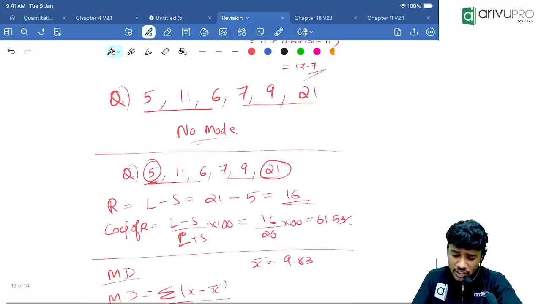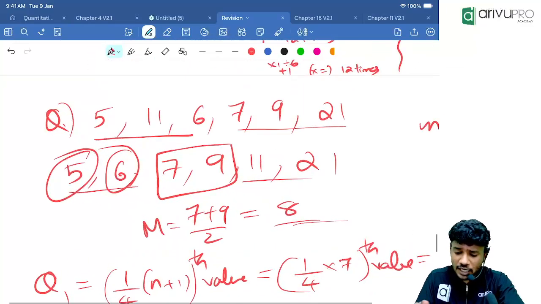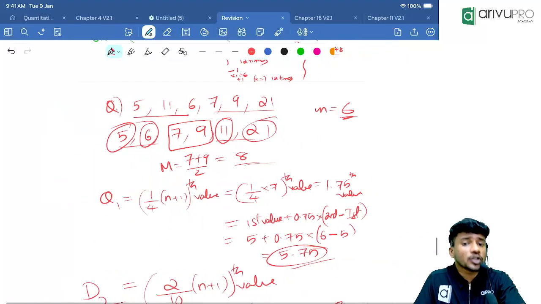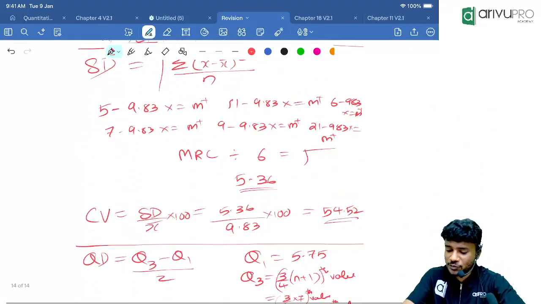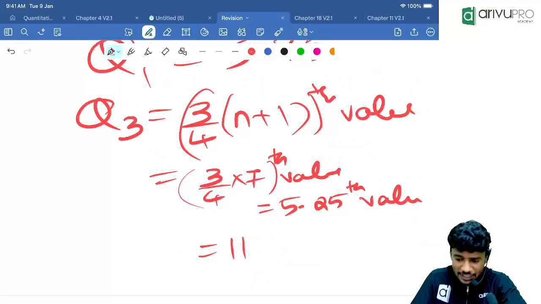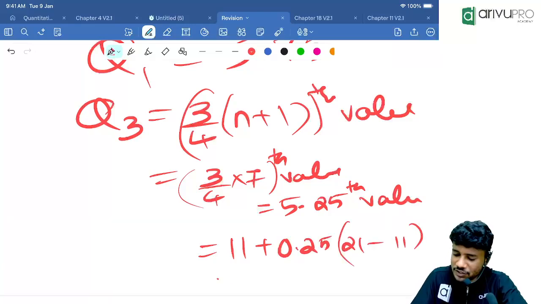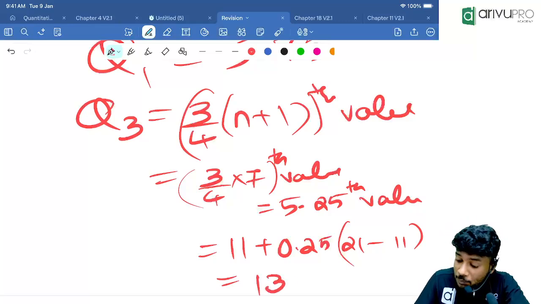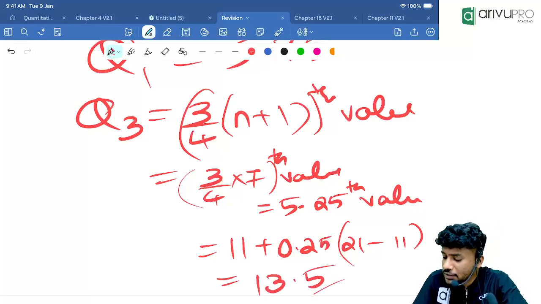If you check over here, after arranging in increasing order, the 5th value is 11. The 6th value is 21. So you can write it as, people, the 5th value is 11 plus 0.25 into, which is the 6th value? 21 minus 11. How much is that, people? 13.5. Everyone got it as 13.5.